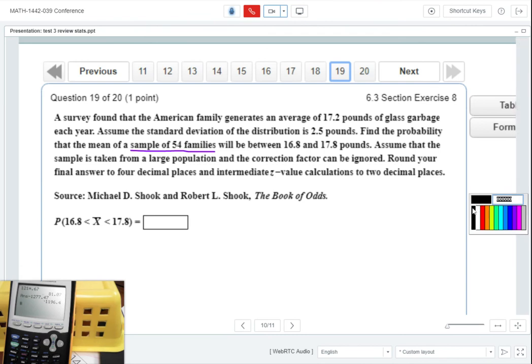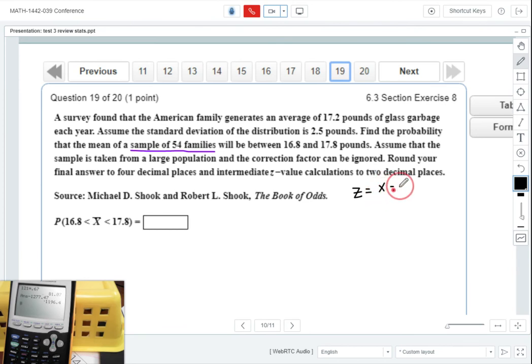So none of our other problems took a sample. The formula to find the z value for a sample is different. The z value for a sample is x minus the average, divided by the standard deviation divided by the square root of the number in the sample.